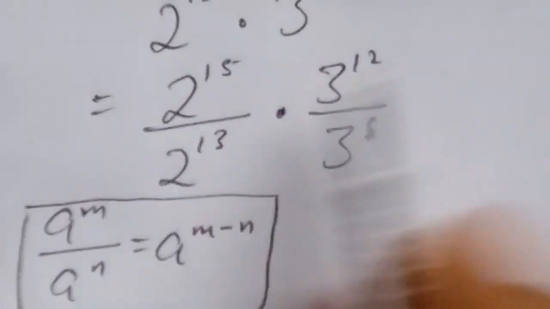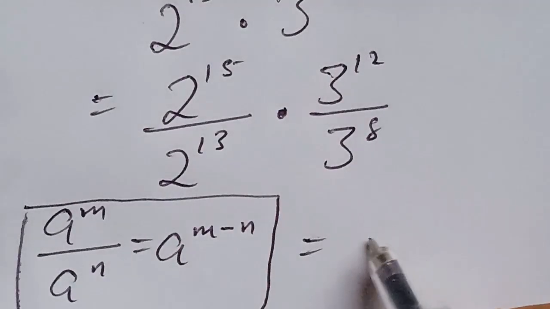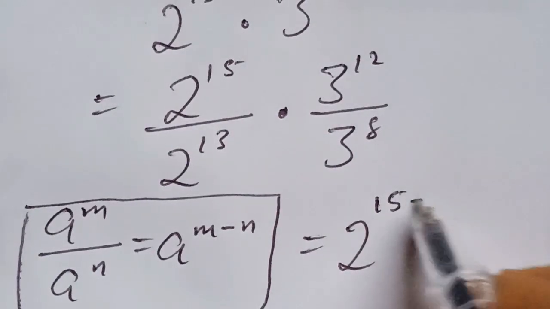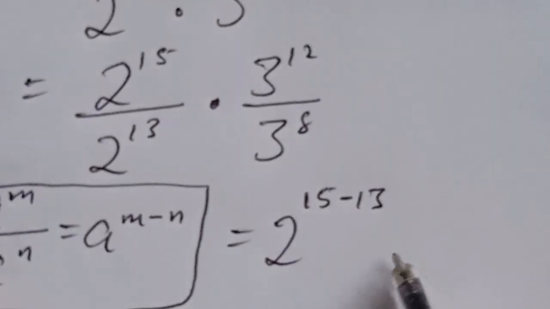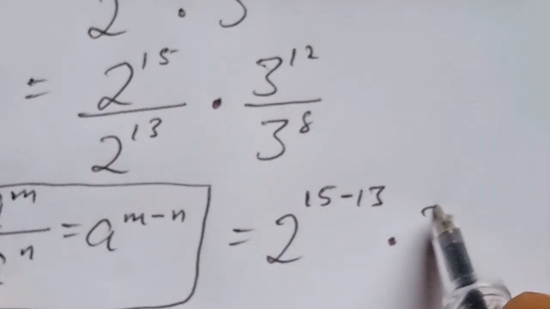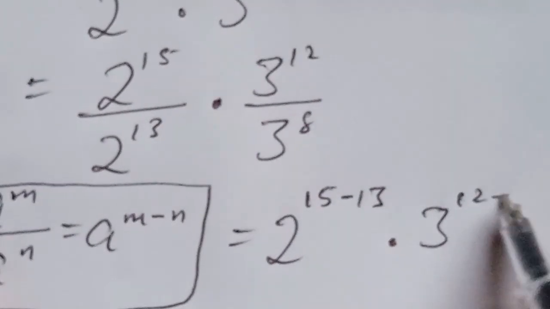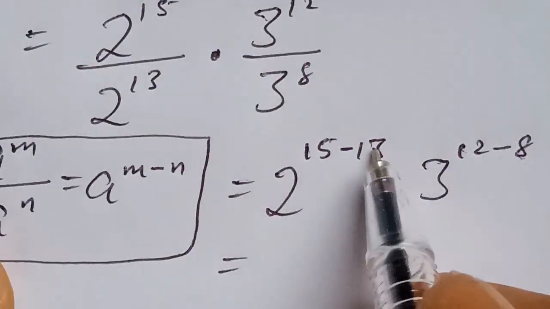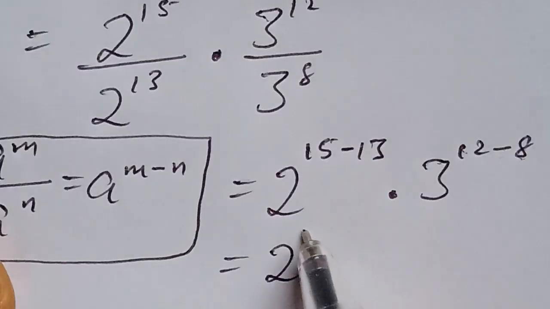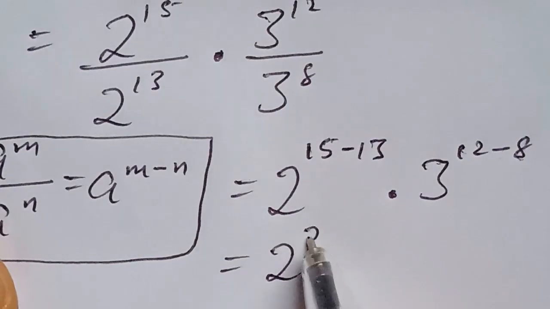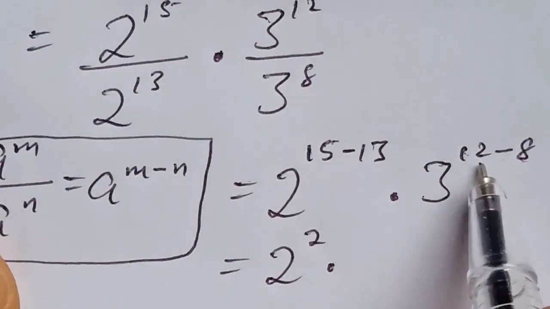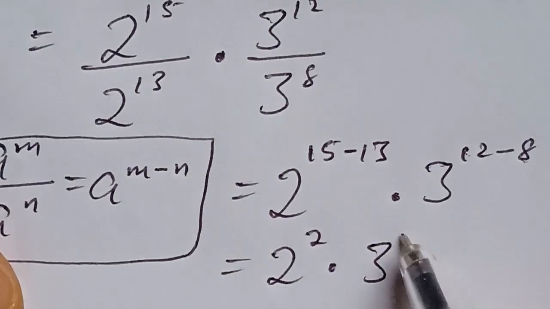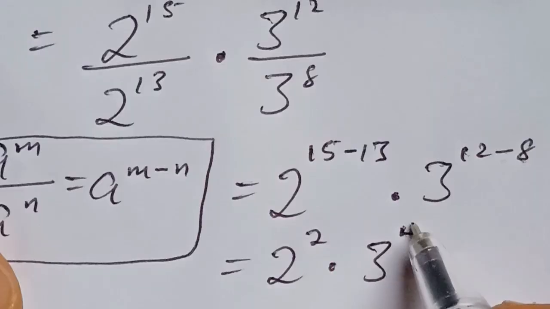So this expression now becomes equal to 2 to the power of 15 minus 13 multiplied by 3 to the power of 12 minus 8, and this will give us 2 to the power of 2 multiplied by 3 to the power of 4.